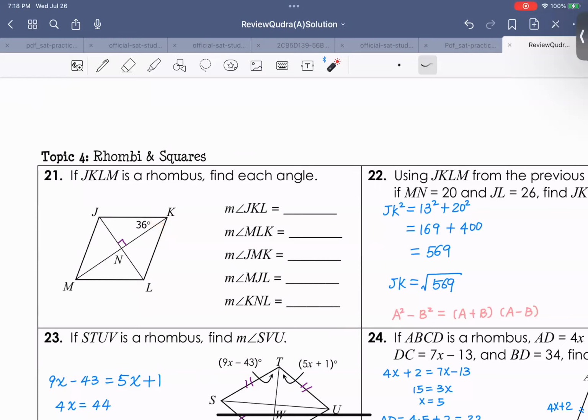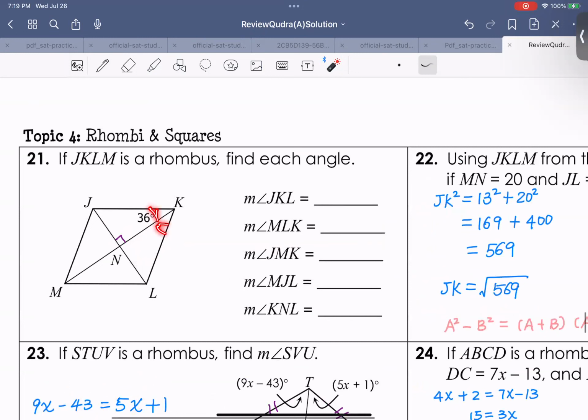Look at your notes. I ask you to write down summary notes to summarize all the properties. Look at what you wrote down for the rhombus. What happened to this rhombus so that you can get this angle? 90. How can you make this 90? I already said this triangle and this triangle are identical. So these two angles are equal. 72. Thank you.